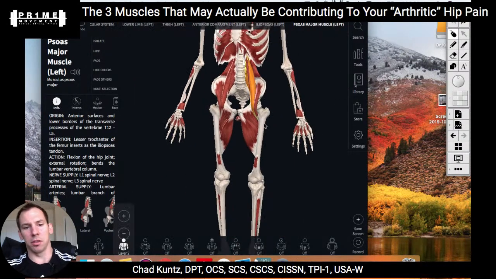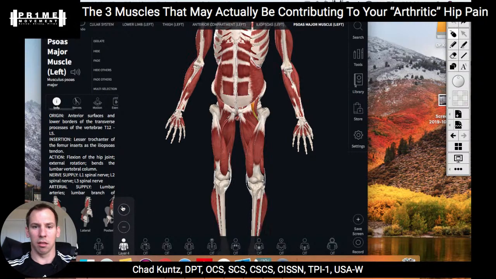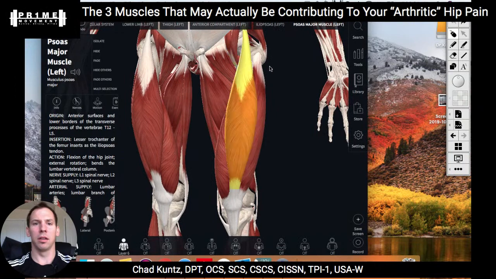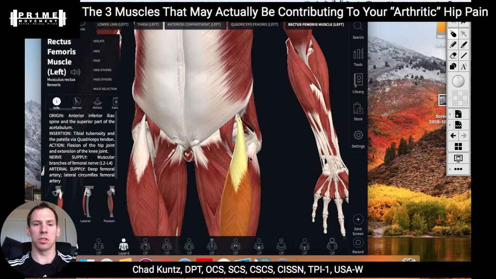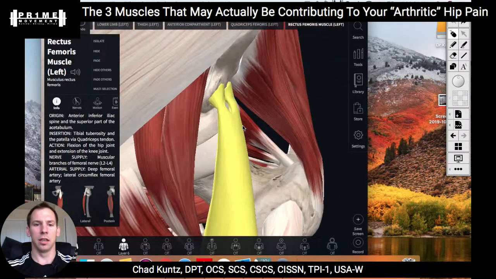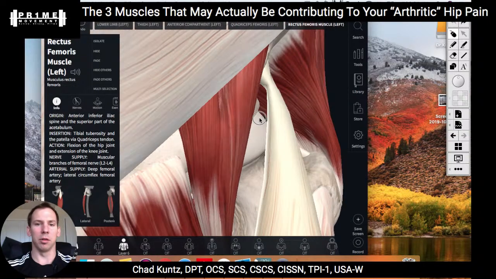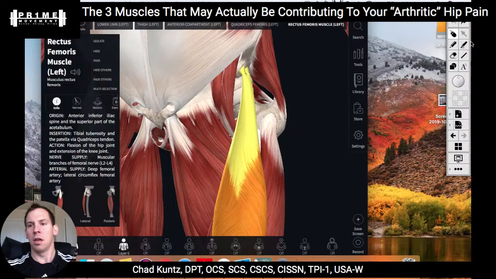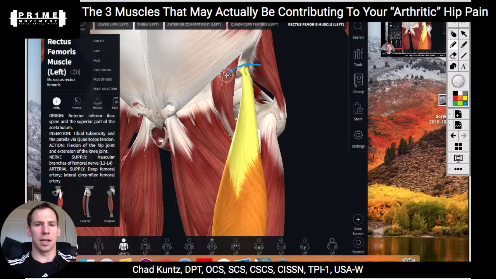The second muscle is actually the rectus femoris. So it is a hip flexor and it's a quad. It actually has what's called a reflected head that attaches to the labrum in there. You can't quite see it in this model. But my goodness, is this a common area for people to think that they have arthritis in the front of the hip.